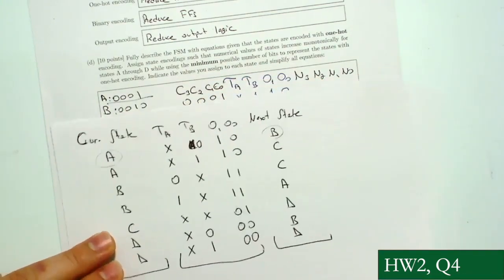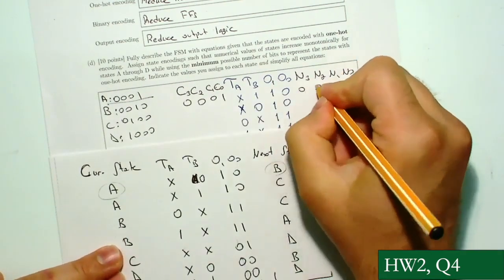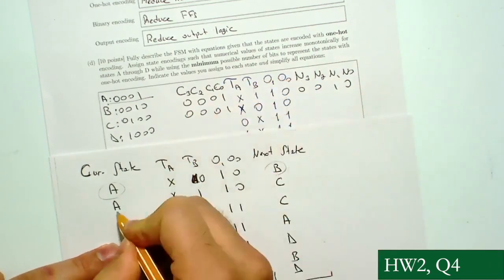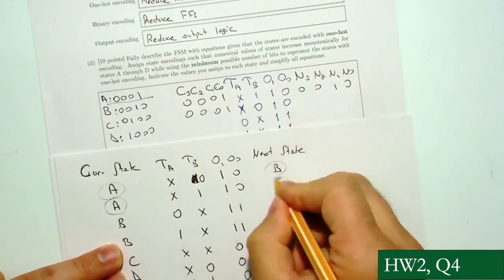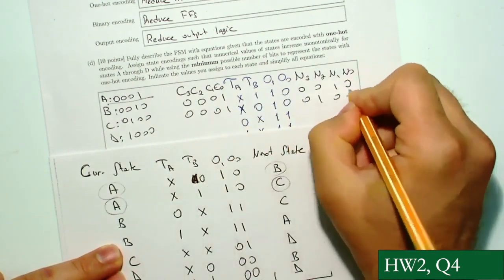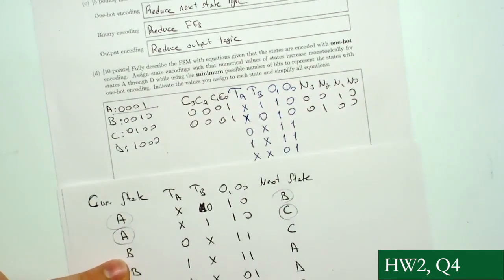And the next state was B, and I represent B as follows. And again A, because I have A here. And the next state for this one will be C. And I think you kind of got the rest.